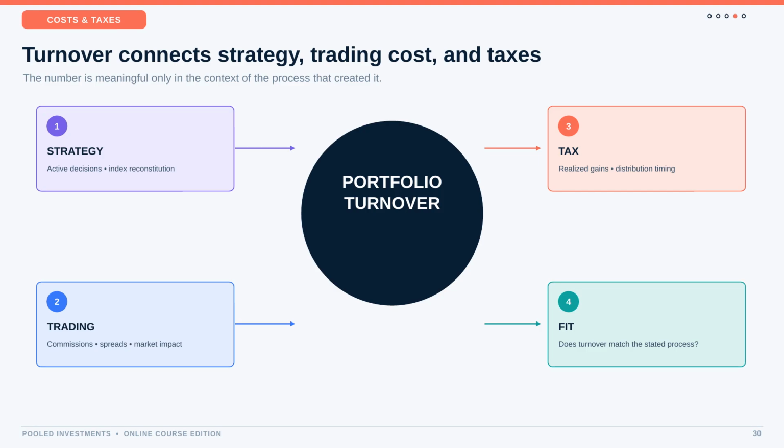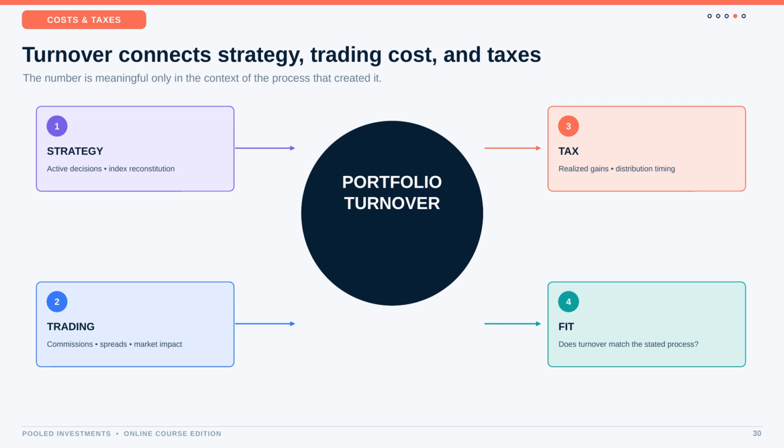Portfolio turnover measures how much of a fund's holdings are replaced over a year. Higher turnover can reflect an active strategy, changing opportunities, index reconstitution, flows, or risk management. It can also increase brokerage costs, market impact, and realized taxable gains. Turnover alone does not identify a bad fund.